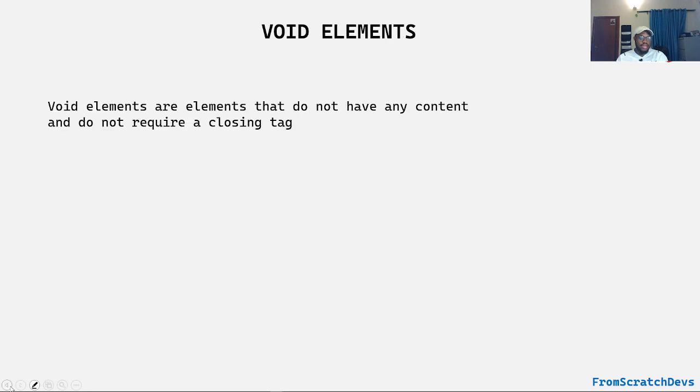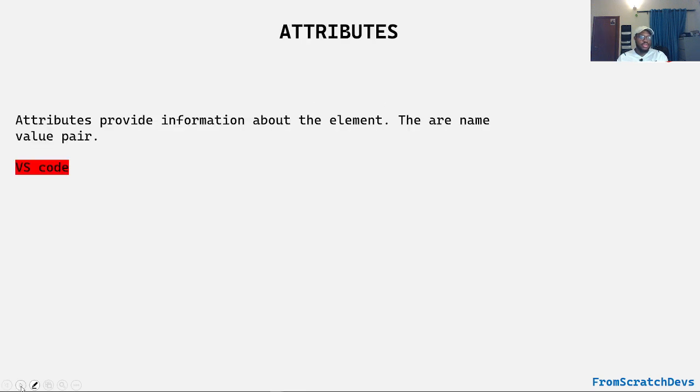Yes, our next topic is on attributes. Attributes provide information about elements, and attributes actually make HTML elements really, really powerful. With attributes, you can access the element from a different file, like a CSS file, for instance.